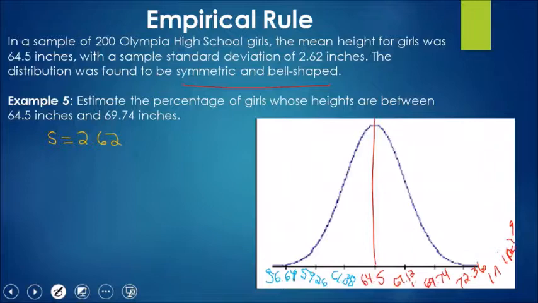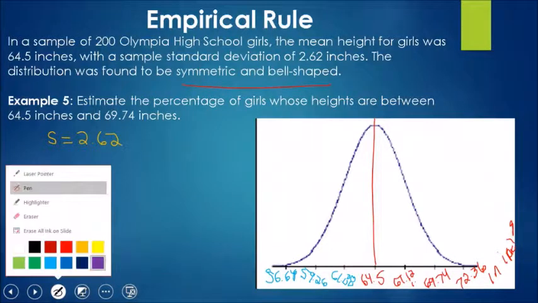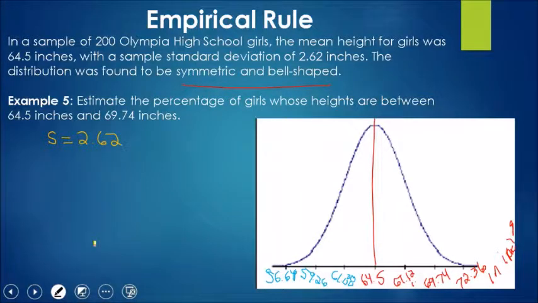It asks us to estimate the percentage of girls whose heights are between 64.5 inches and 69.74 inches. So we're going to be looking at 64.5 inches and 69.74 inches.